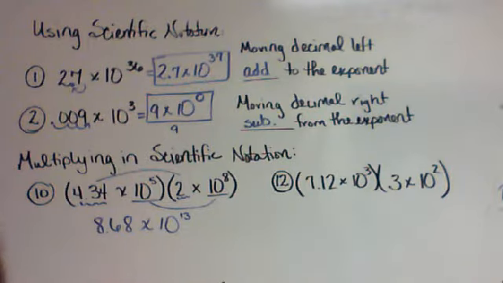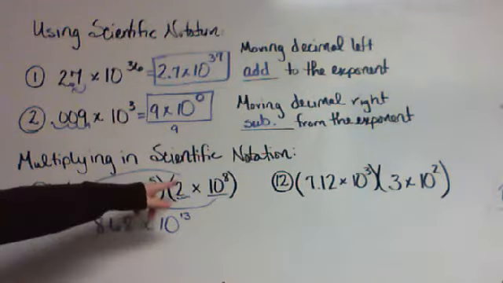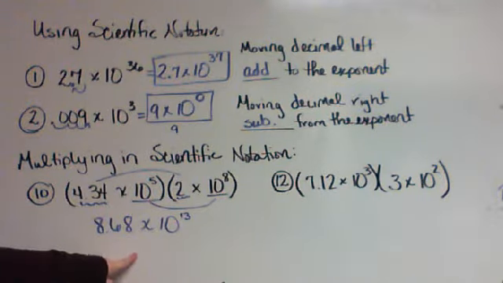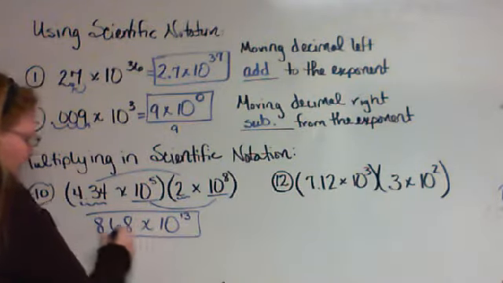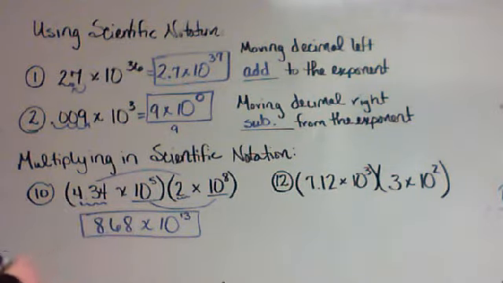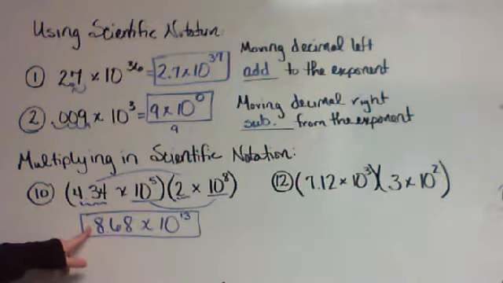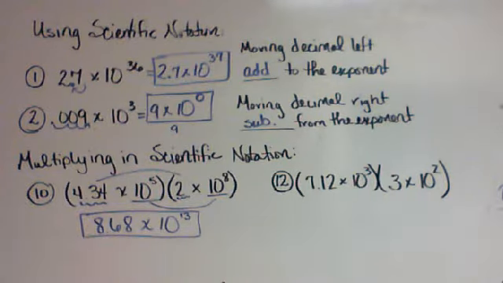Now, we could go ahead and multiply that out if we wanted it, but since they gave us our problem in scientific notation, they're going to want our answer in scientific notation. So this is what they want. Please make sure it is in proper scientific notation. Since that's in between 1 and 10, we're all good.